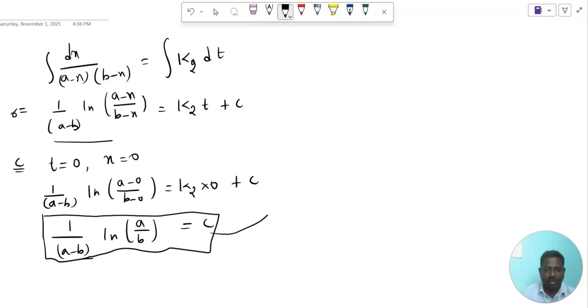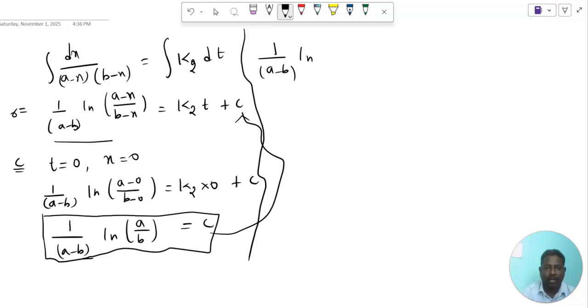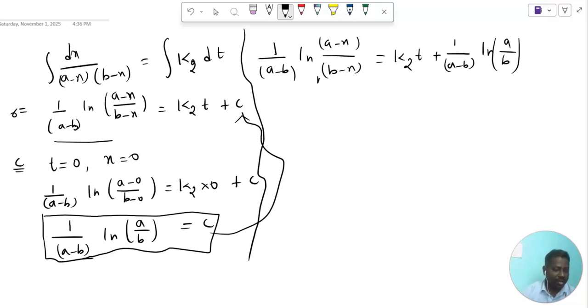Substitute this c value in the equation. It becomes 1 by (a minus b) ln of (a minus x) by (b minus x) is equal to k2 into t plus, substituting the value of c, 1 by (a minus b) ln a by b. Now separate and simplify.